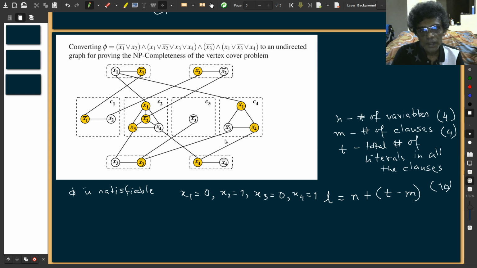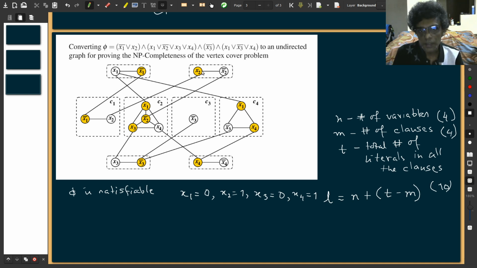So, this edge is covered by this x3 complement here, although I do not cover it here. Okay. And of course, we may have a situation like this. This is covered by both this and this, but that doesn't matter. Okay. Only problem could be with this, which we did not include. But since this is a true literal, I must have chosen this in the variable gadget, and therefore this edge is covered by this.